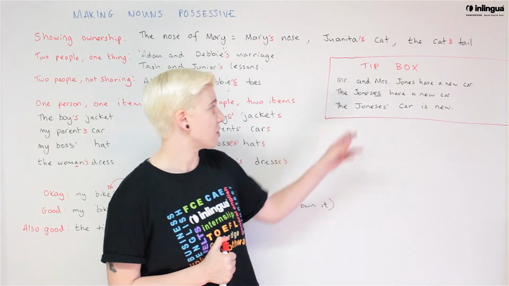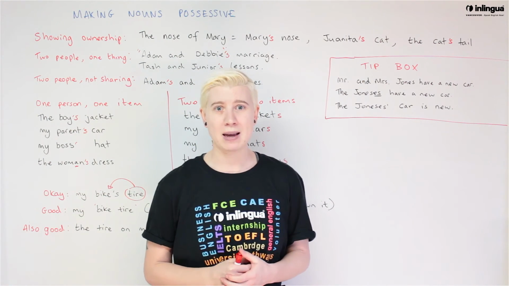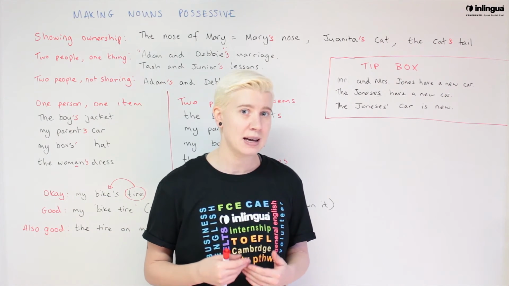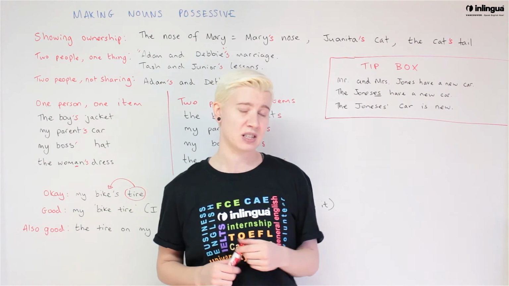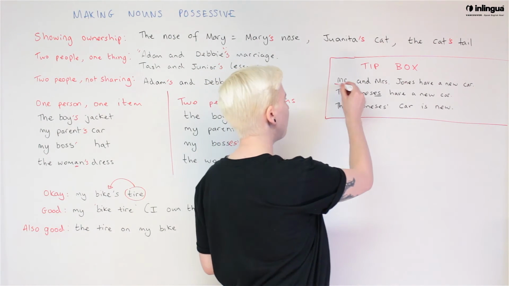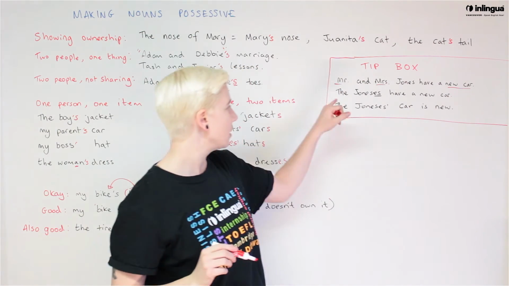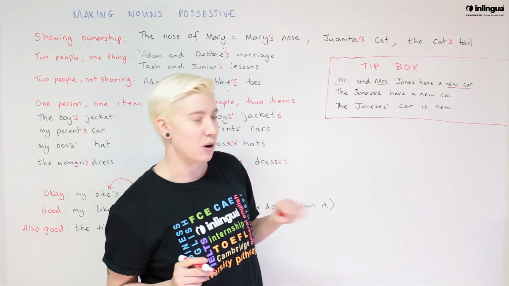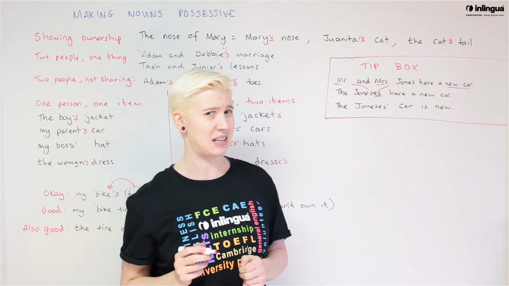I have a tip box for you up here because sometimes names can get really tricky when we make them plural, more than one, and possessive. So Mr. and Mrs. Jones have a new car. One person, two people, one car. What we can do here, if we want, is call these two people the Joneses.